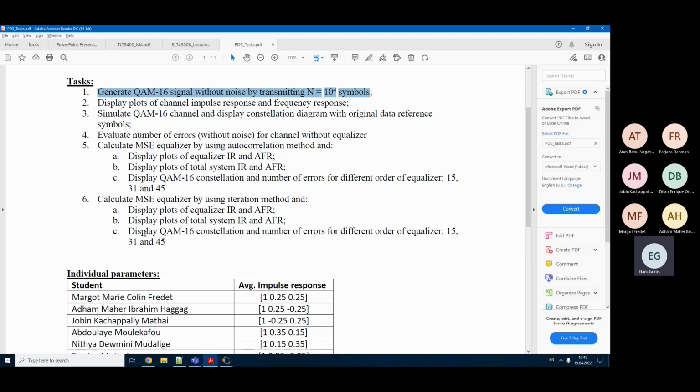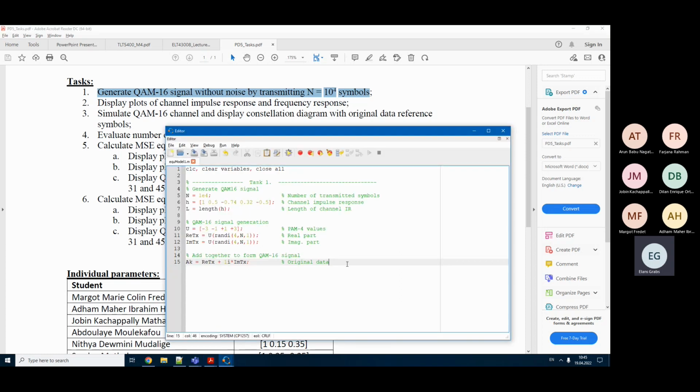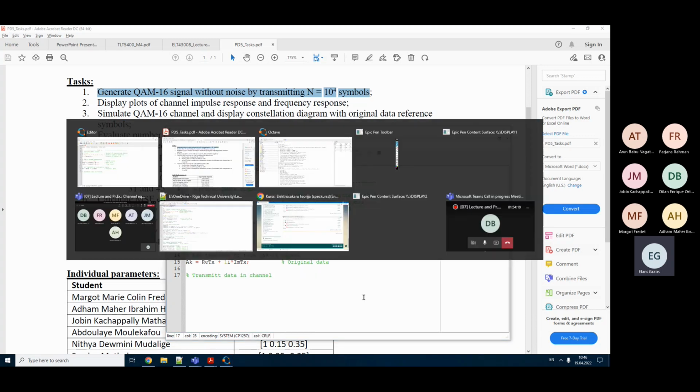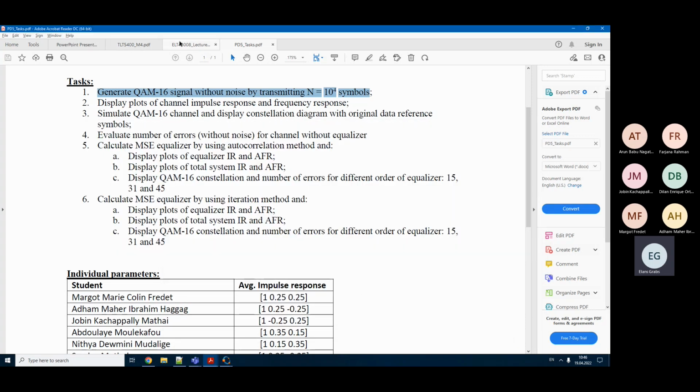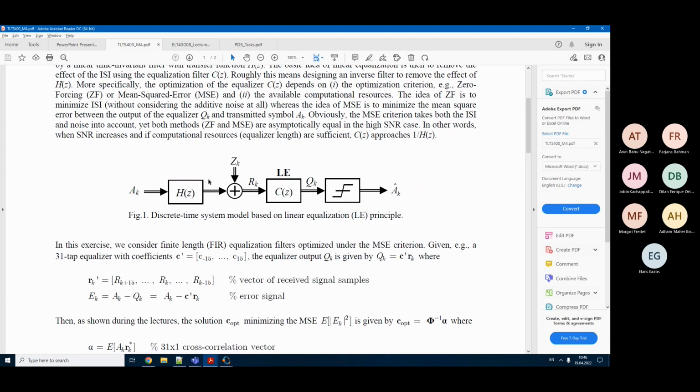For that, we are going to use the already familiar command called filter. Transmitting data in the channel will produce us, as in this schematic diagram, the signal RK.